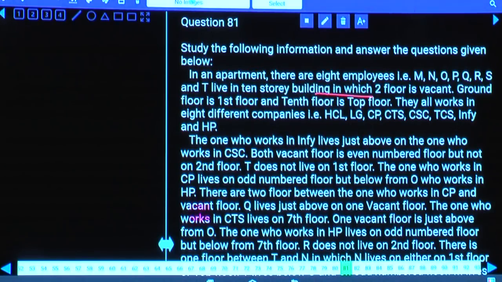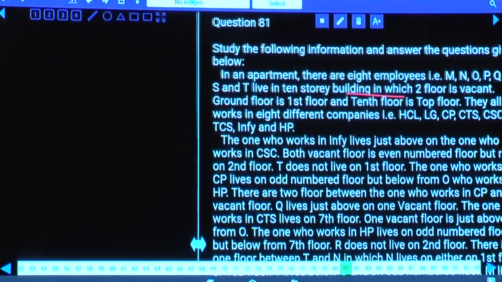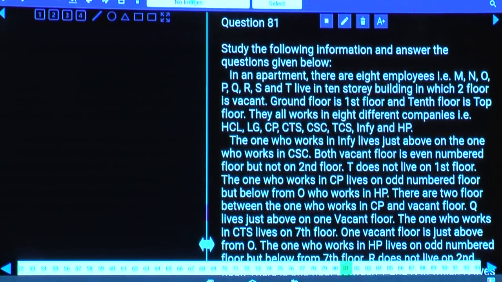Ground floor is first floor, 10th floor is top floor, and so on. They all work in different companies, HCL, LG, and so on, isn't it? Then, in total, how many floors are there? There are 10 floors, 10, 9, 8, 7, 6, 5, 4, 3, 2, and 1. Hence, in total, we have 10 floors.